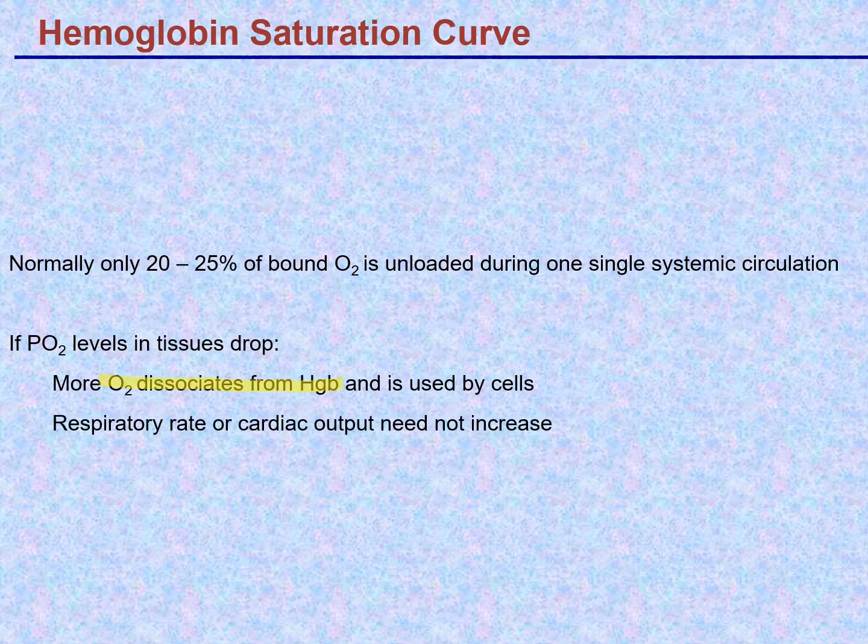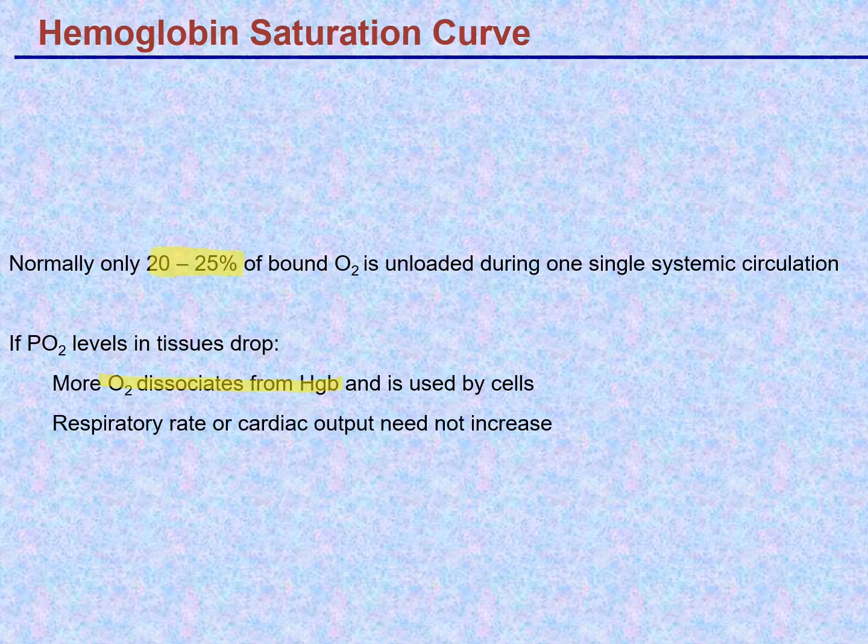In fact, this will happen and deliver quite a bit more oxygen, even if the respiration rate doesn't change and cardiac output doesn't. They don't have to change. There's plenty of oxygen still bound onto the hemoglobin. Remember, normally you're only dropping 20-25% when you're at rest, sitting or sleeping, at the very low end of usage of oxygen.